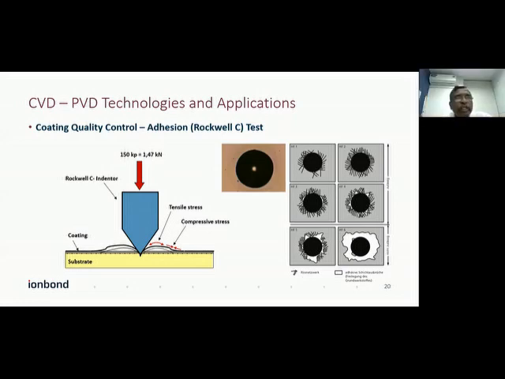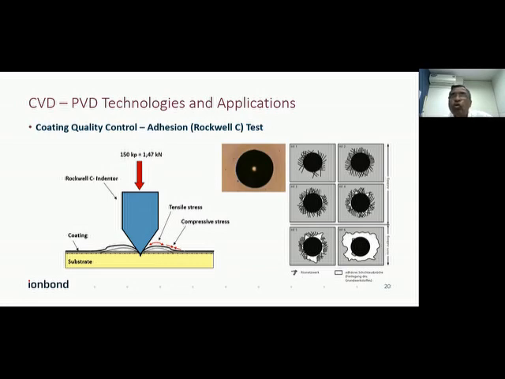Now PVD coating temperature, as I explained earlier, is 200 degrees centigrade to 450 degrees centigrade. Now we know that tempering temperature of the D2 material or HSS material is 530 to 550 degrees centigrade. So the PVD coating is carried out well below the tempering temperature of the tool steels.